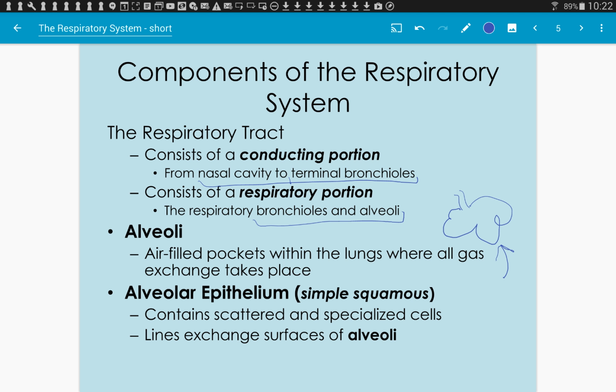Simple squamous epithelium, because it is the thinnest cell and it's going to be easiest for things to diffuse across. That epithelium makes a nice thin membrane, and right outside the membrane is a nice rich capillary bed, so it's very easy for gas exchange to occur across that membrane.